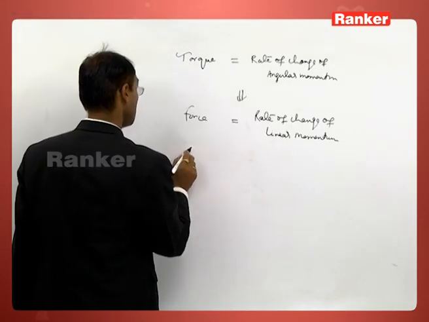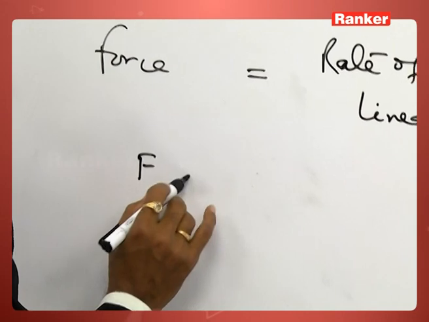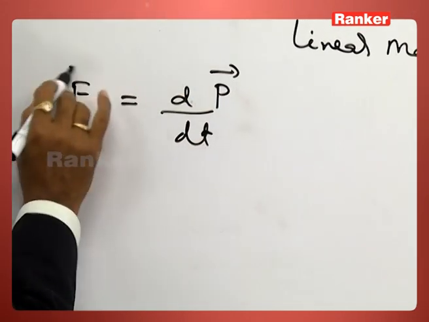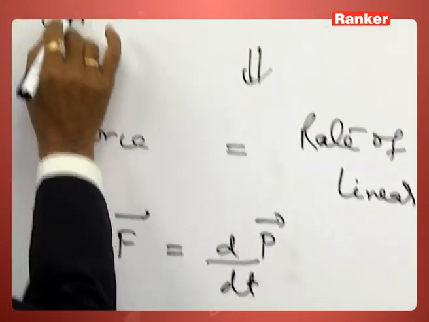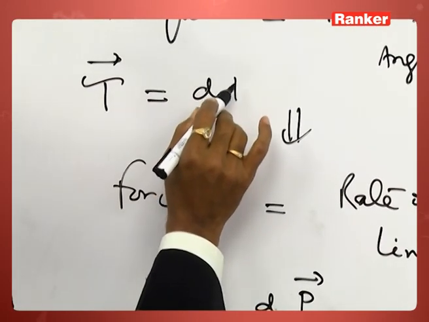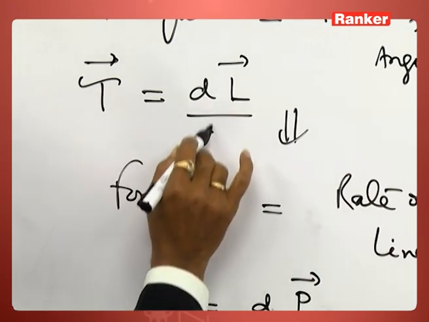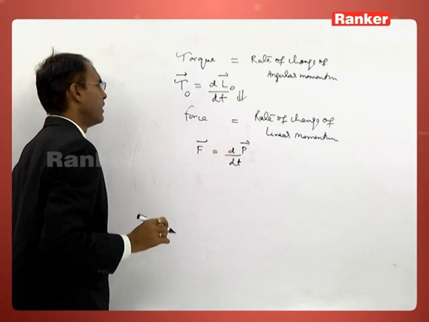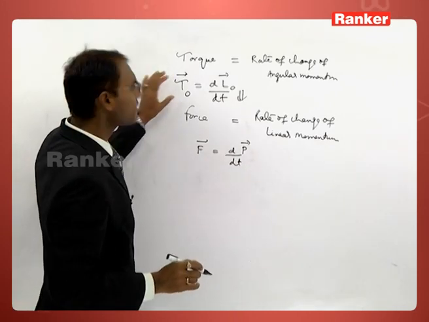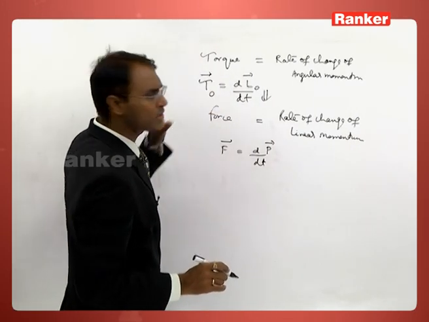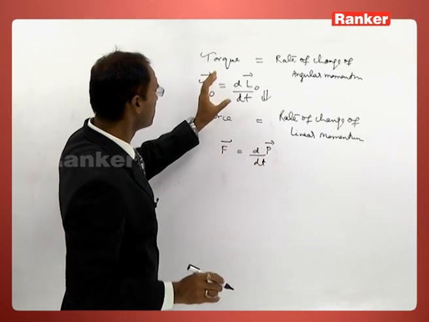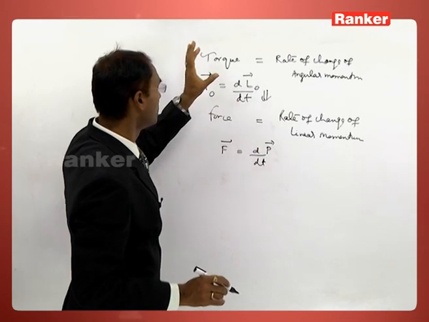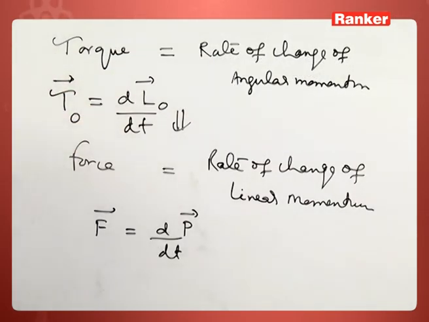So, we can write F is equal to time derivative of the linear momentum, and torque is equal to the time derivative of angular momentum about any point. If you take the torque, that must be equated with the time derivative of, or rate of change of, the angular momentum taken with respect to that same point.